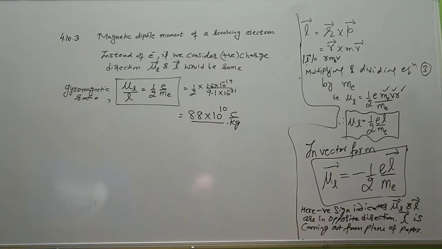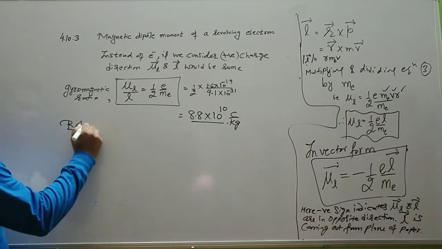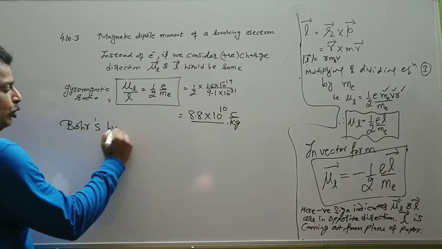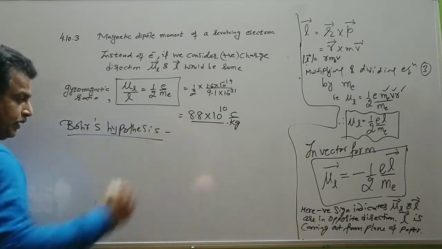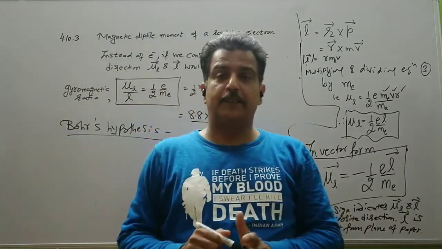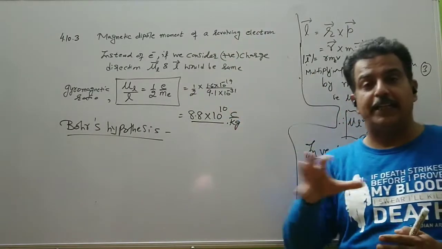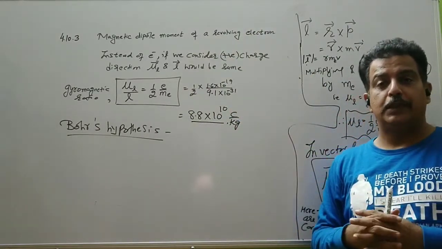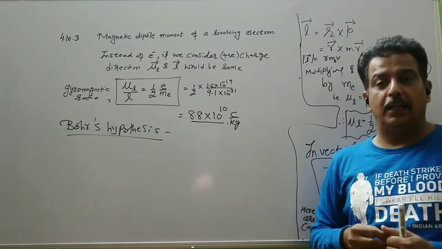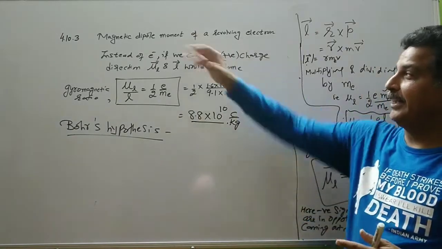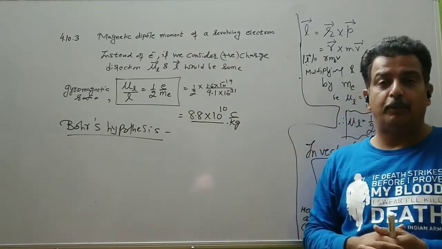Now let us move to another concept, that is the Bohr hypothesis. Now what was the Bohr hypothesis? See, all this theory deals at the atomic level. So Ampere was able to prove that even at the atomic level there is a magnetic moment.